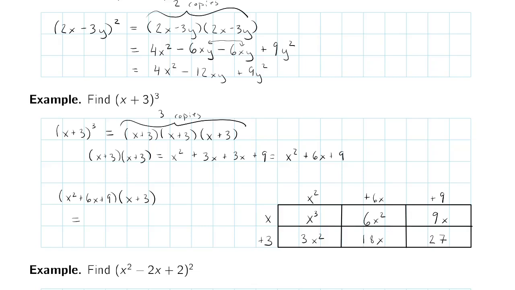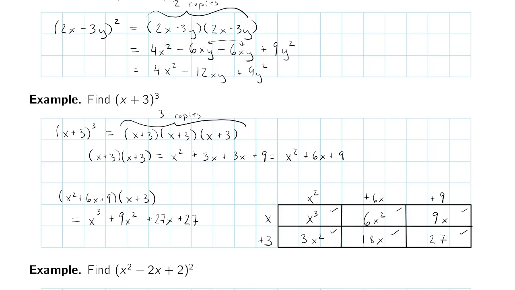So we'll have x to the third, and then 6x squared plus 3x squared is 9x squared. 9x plus 18x is 27x. And then we have the number 27. So x to the third plus 9x squared plus 27x plus 27 is what we get when we take x plus 3 to the third power.